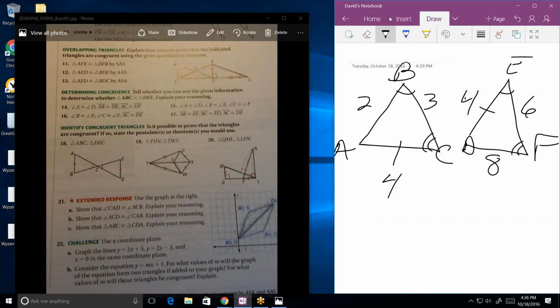But would that really make sense? Well, I'm just trying to draw two triangles that are not congruent, but that are similar, and I've just done it.